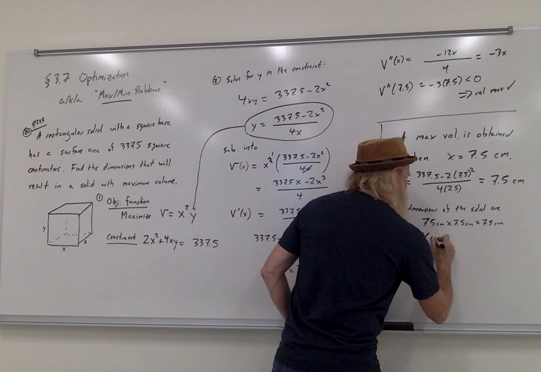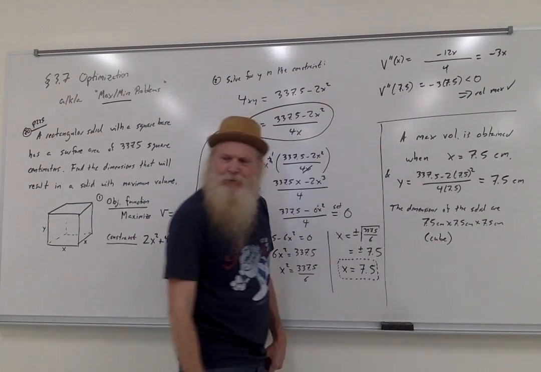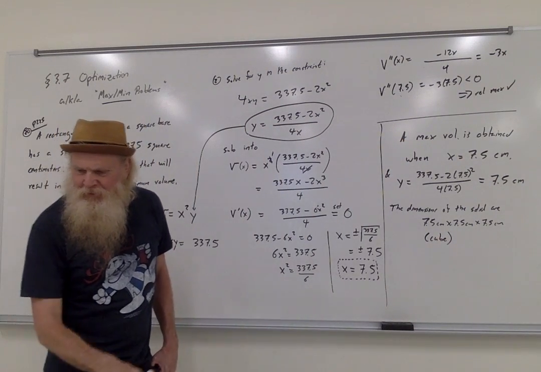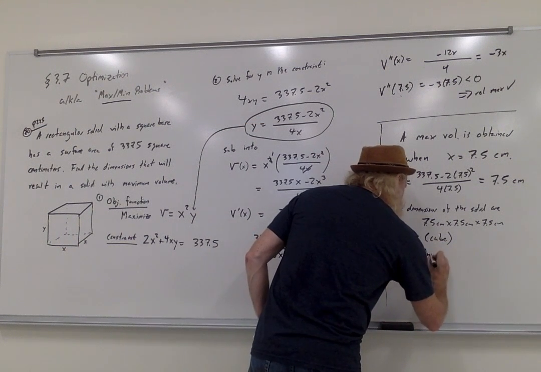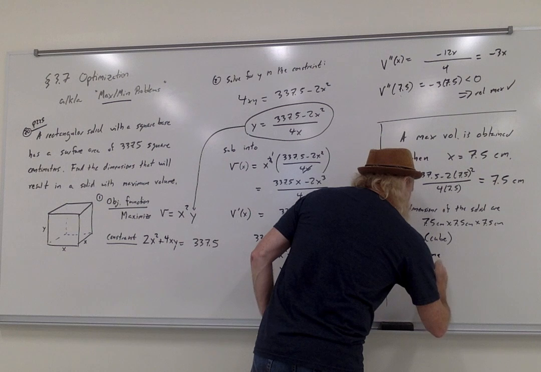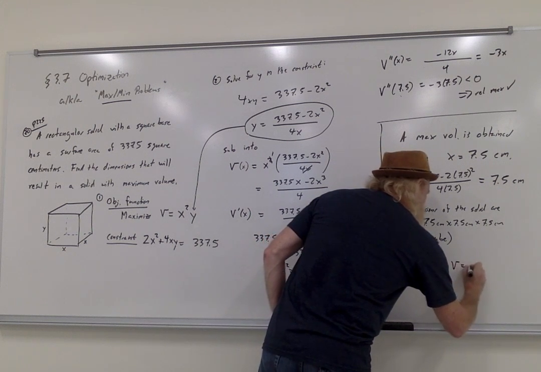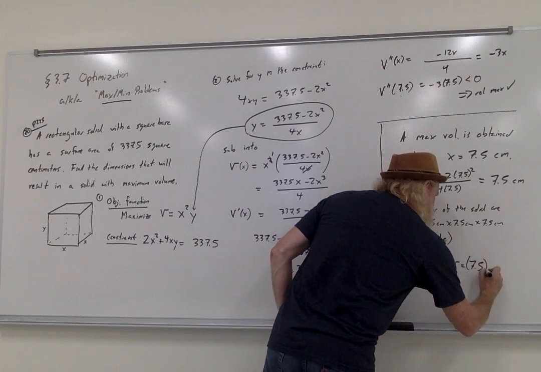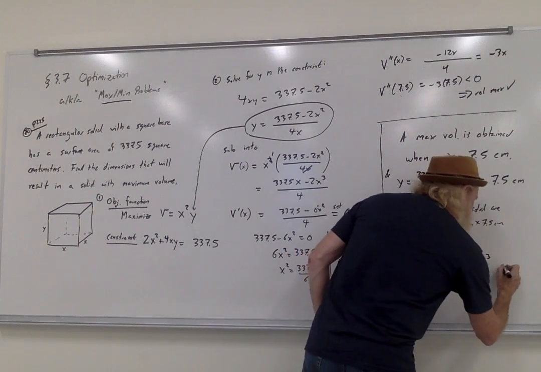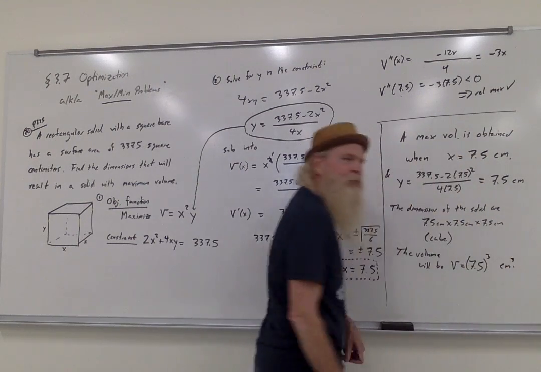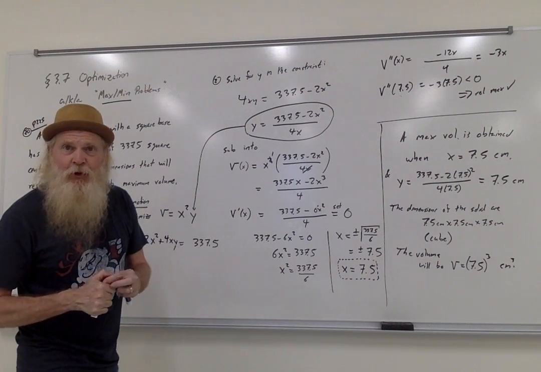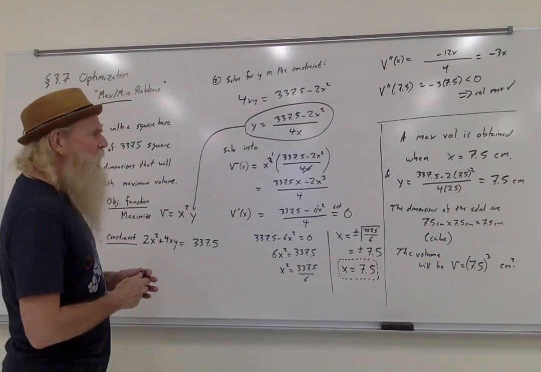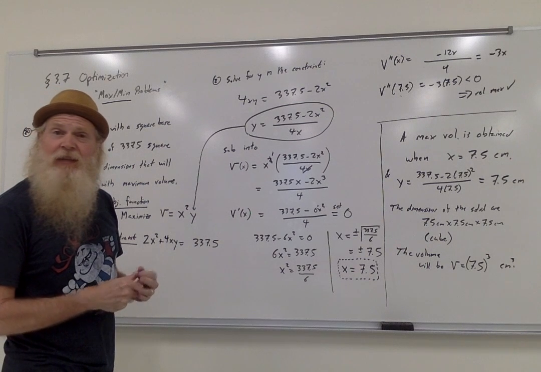In other words, we've got a cube, and the volume will be 7.5 cubed, in cubic centimeters.